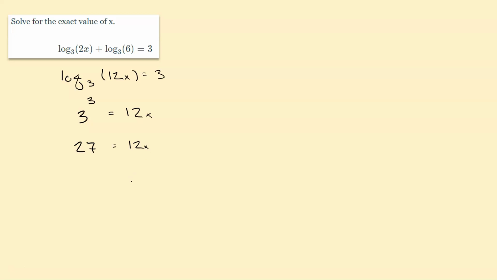So then divide both sides by 12. We have x equals 27 divided by 12 is 9/4. Leave it as a fraction. But that would also be 2.25. Either answer there.